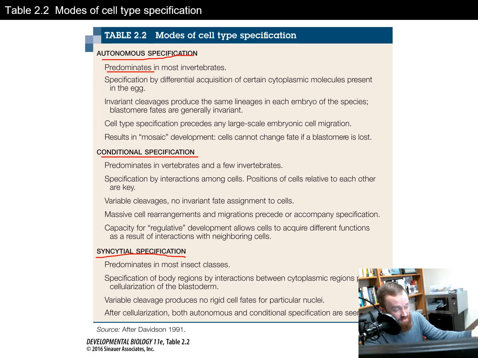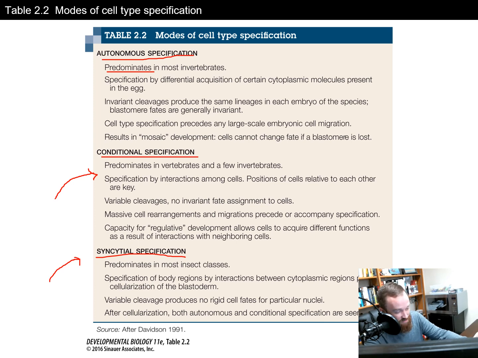There are cases where they will use both autonomous and conditional specification. Most vertebrates and a few invertebrates use conditional specification, which depends on cell position. And then syncytial predominates in most insect classes. So this is just a review of the three different types of specification that we went through.